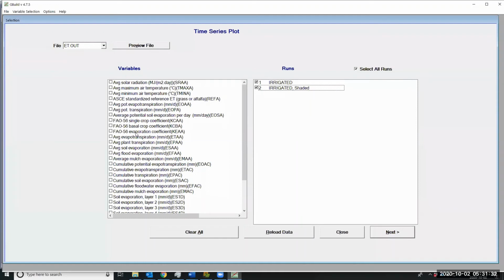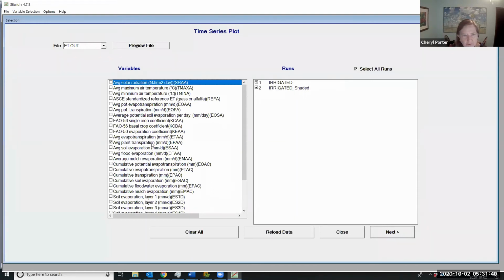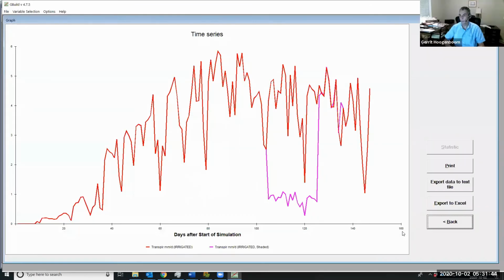Отмечаем оба опыта. Okay, so let's look at plant transpiration. Транспирация через растения. Okay, so we can see in this 21-day period when the shade cloth was installed that the plant transpiration went down dramatically.